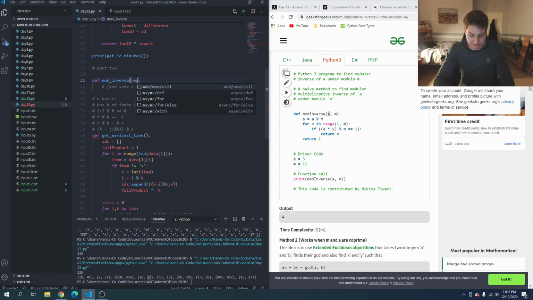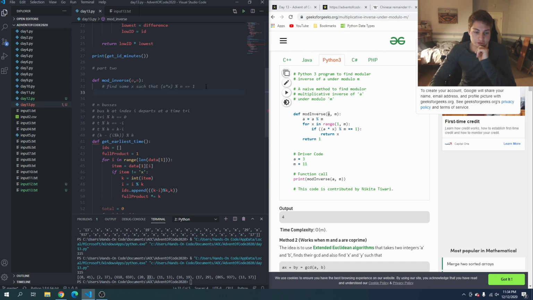And so if we pass in an a and an n, then there exists some x so that if you multiply a and x and take it modulo n, you get 1.